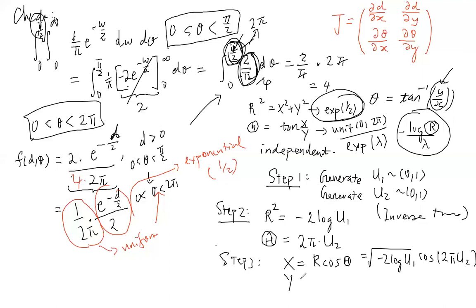And your y is r sine theta, so that gives you this result. Okay. All right. So this is an alternative way for you to generate normal random variables using the polar method.